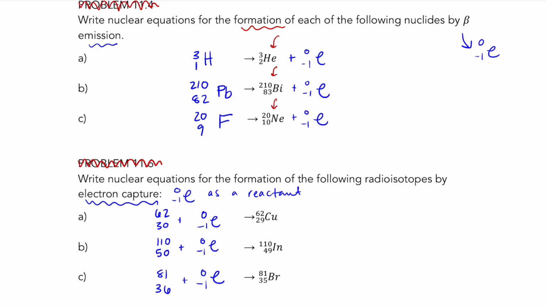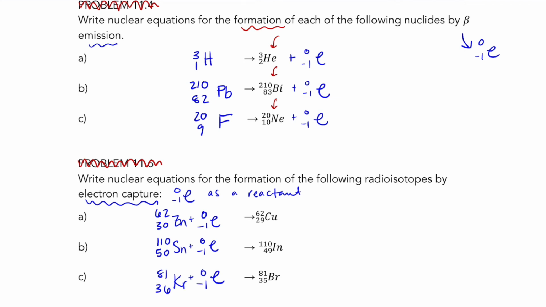Scroll back down to this problem, and we get, oh, I didn't leave enough room. Okay, let's erase these little guys. I got ahead of myself, kind of. Okay. Zinc, tin, and krypton.